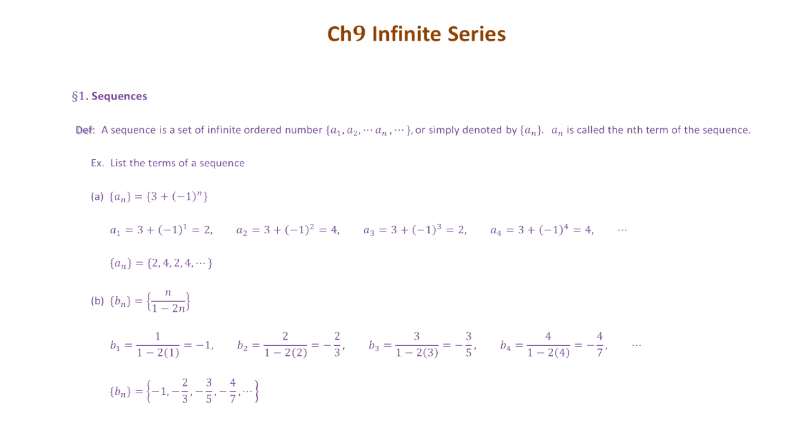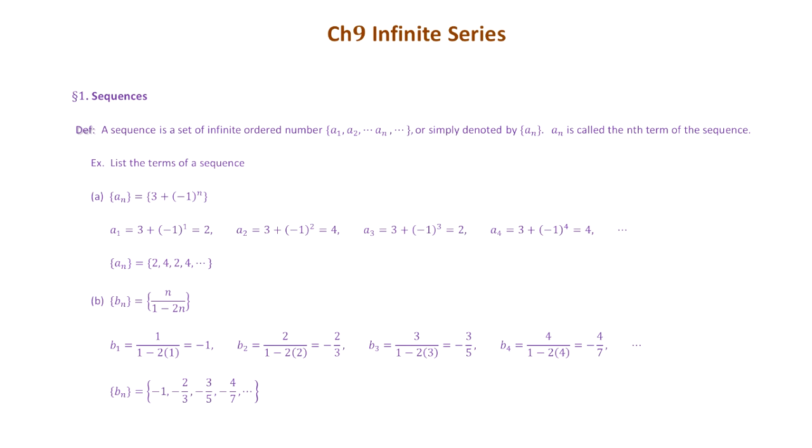In example A, we have the sequence a_n equals 3 plus (-1) to the n. When n is not specified, it automatically starts from 1 and then goes to 2, 3, 4, and so on. The general term a_n is 3 plus (-1) to the n, the formula for the nth term.